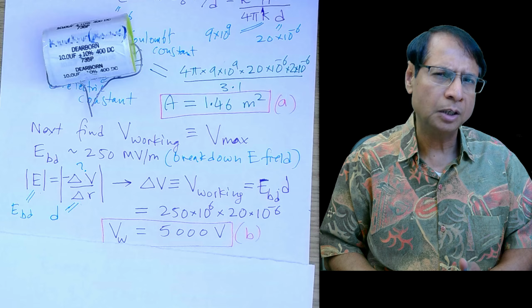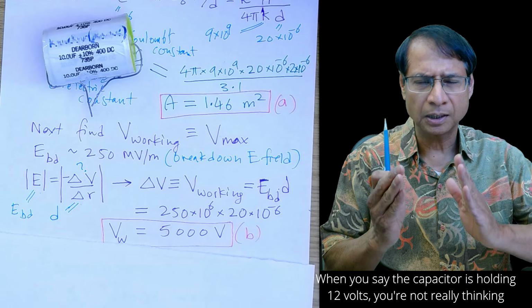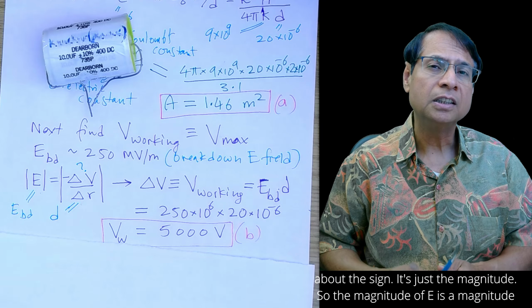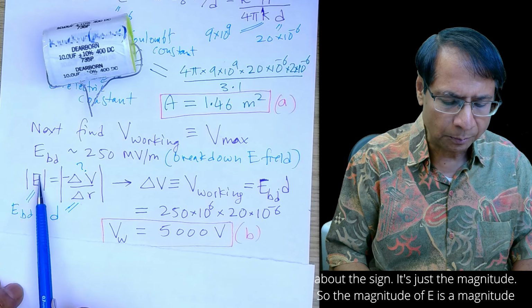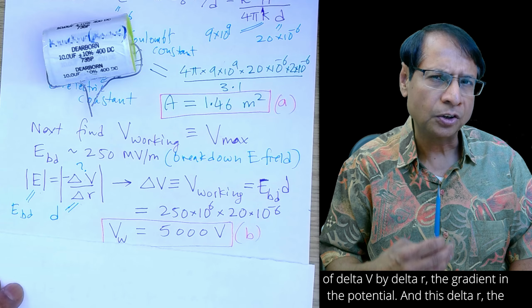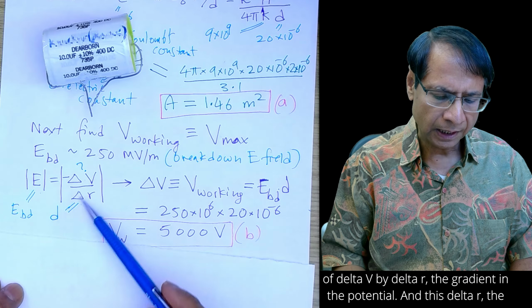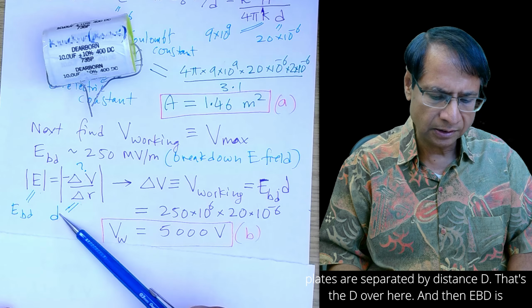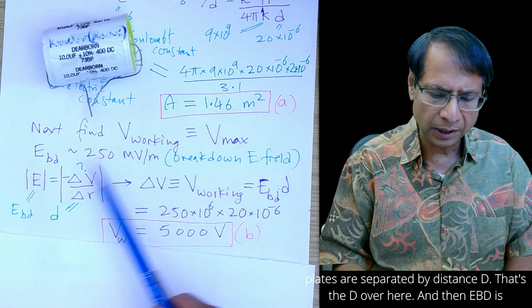Here we are not concerned about the signs. When you say the capacitor is holding 12 volts, you're not really thinking about the sign. It's just the magnitude. So the magnitude of E is the magnitude of delta V by delta R, the gradient in the potential. And this delta R, the plates are separated by distance D. That's the D over here. And then E_BD is 250.